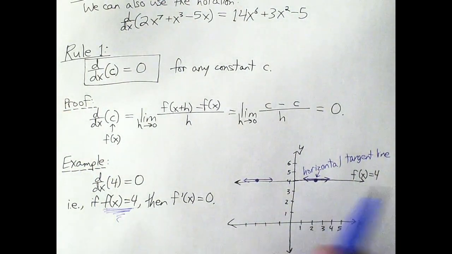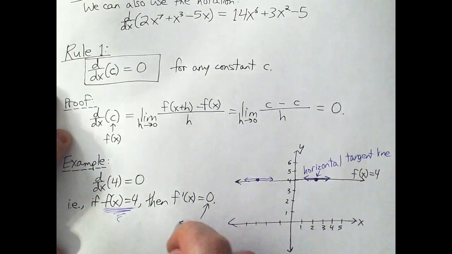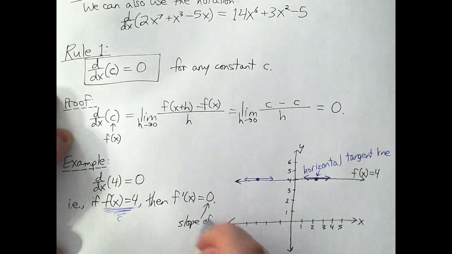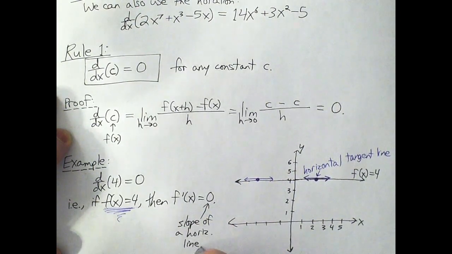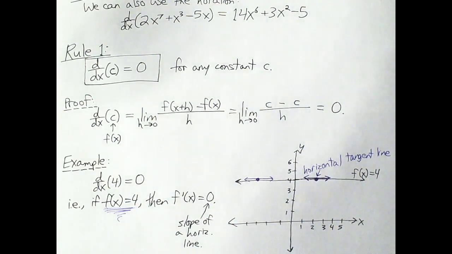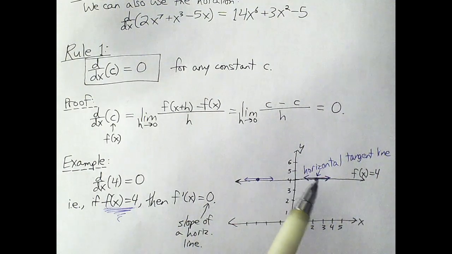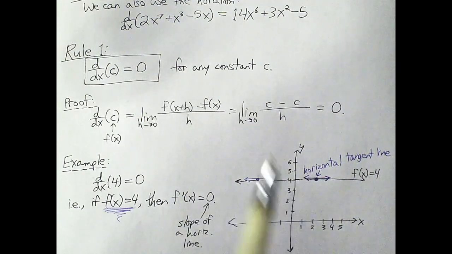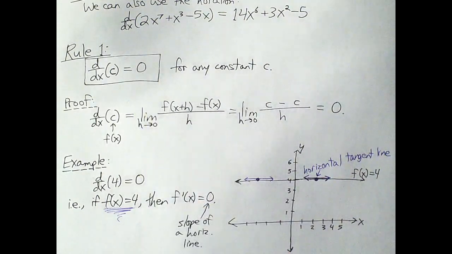No matter what part of this black line I look at, the tangent line will always be horizontal, and 0 is the slope of a horizontal line. So earlier when we started the proof, I said that I think I could think of 2 different ways to prove it. This is kind of another way to prove that this should always equal 0 by thinking about horizontal lines.